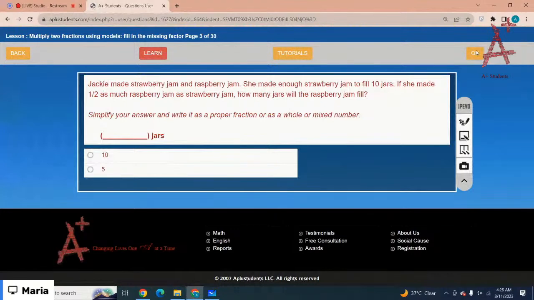So half of 10 is, so yes, that would be 5. Very good. The correct option is 5.